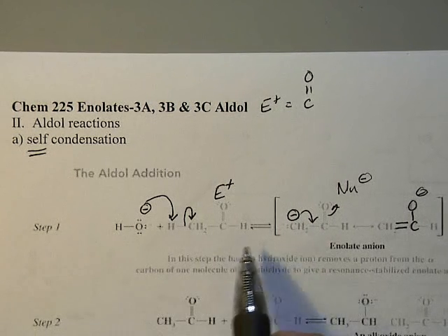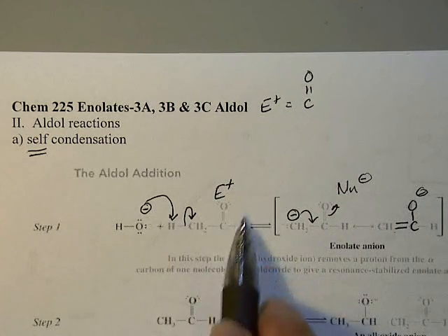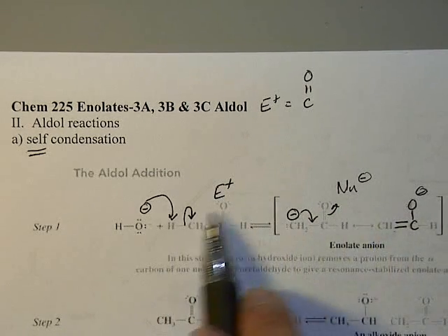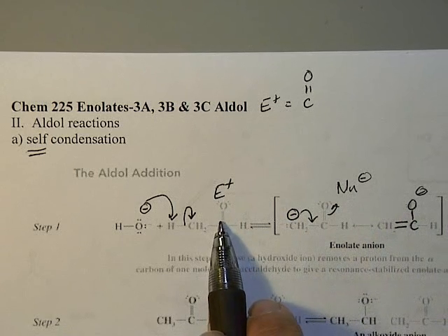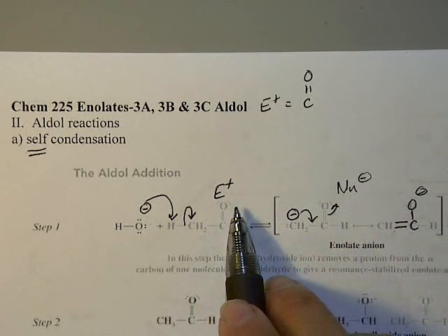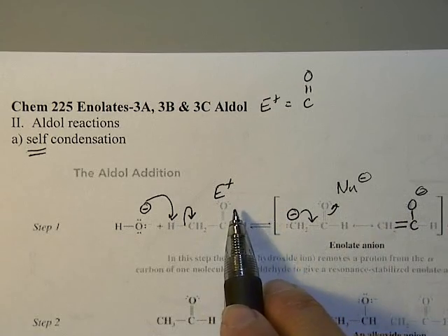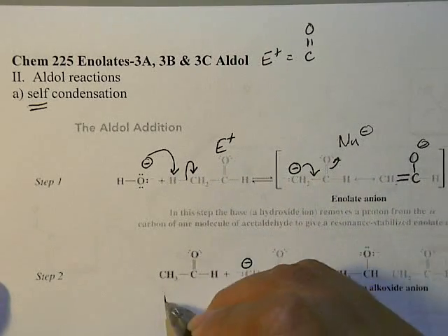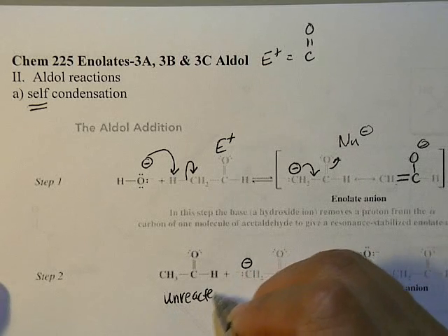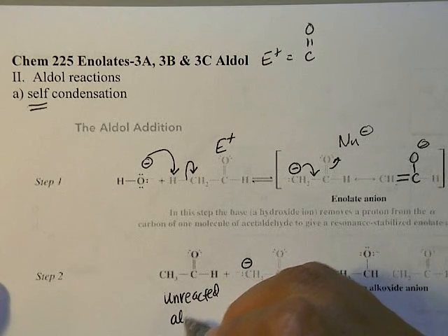Portions of it become enolate in equilibrium with the unreacted aldehyde. So we have a nucleophile and an electrophile present at the same time, and that's the reaction that we're about to go over. So we have the enolate that is now reacting with unreacted aldehyde.